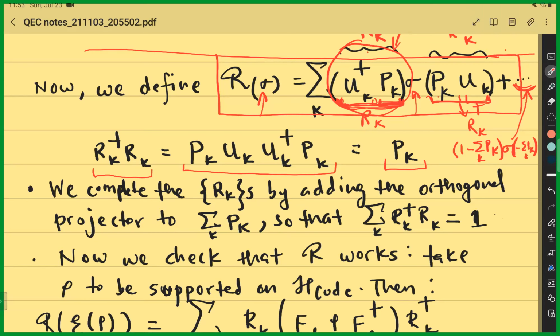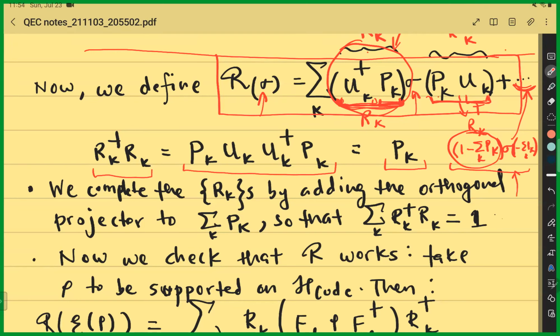So for that you need this extra term. Yes, exactly, this is for that situation. If the environment is sufficiently large dimensional such that this orthogonal complement 1 minus sum over k PK is 0, then that's great, because then you don't need to add this. Okay, thank you. Thanks for the question.